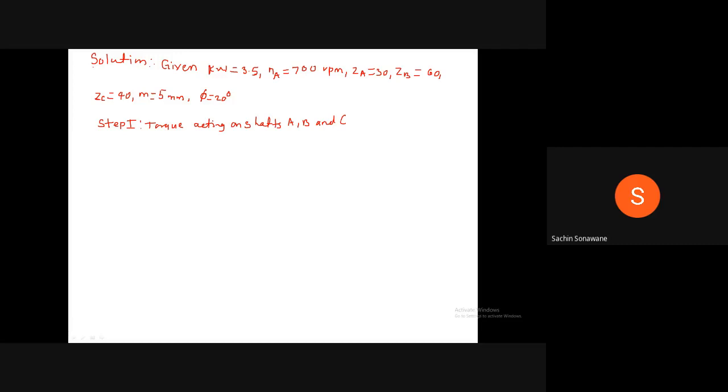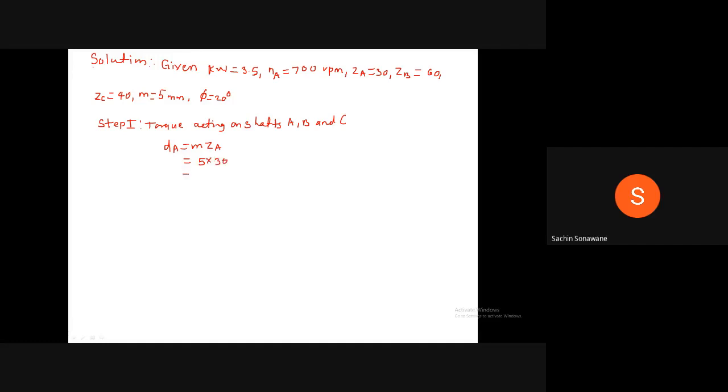First of all, we will determine the diameters or pitch circle diameters of gear A, B, and C, because they have given us module and number of teeth. Therefore, pitch circle diameter of gear A, DA, is equal to M into ZA, which is 5 into 30.